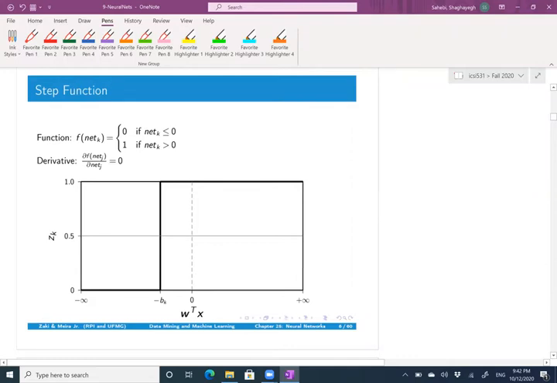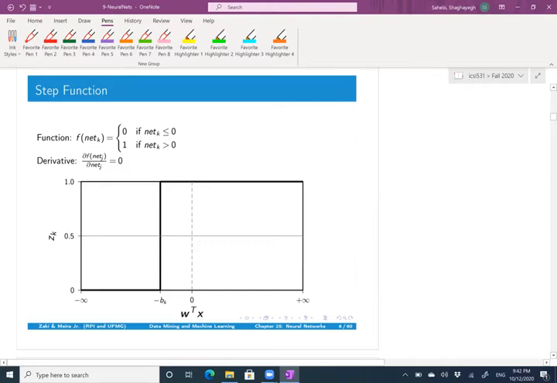Now, in a step function, if the value of the linear combination that we have is more than 0, it is positive, then the value of the step function is going to be 1. Otherwise, it's going to be equal to 0.